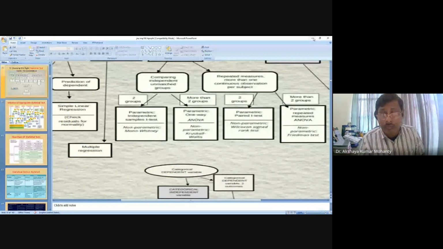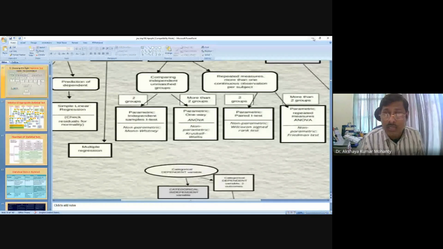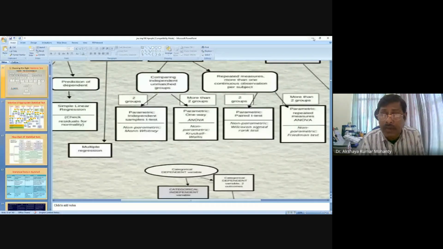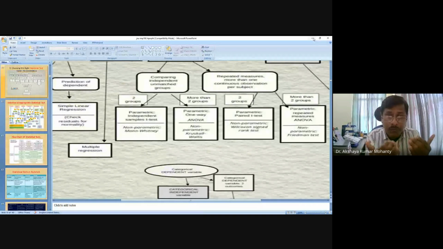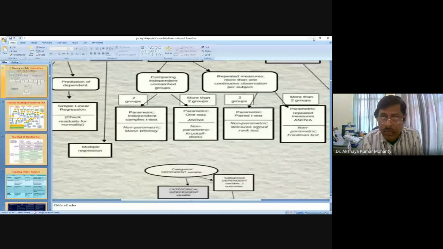So this is another condition. What is explanatory? Explanatory means independent variable. So there should not be any relationship between the independent variable and the random variable, meaning the stochastic variable. If there is some sort of relationship between the stochastic variable and the independent variable, OLS cannot be utilized. So that model is invalid, and we cannot use that.